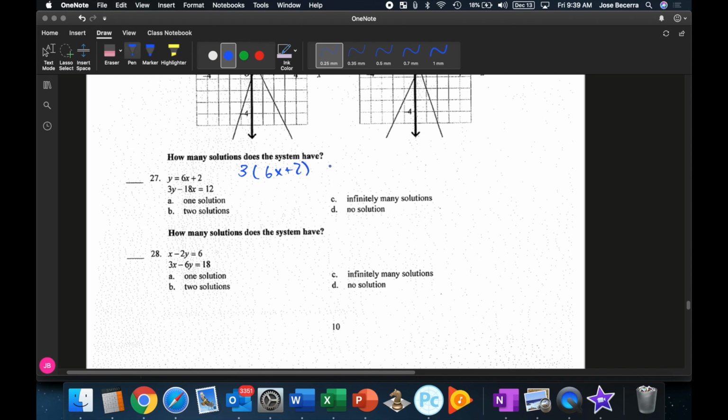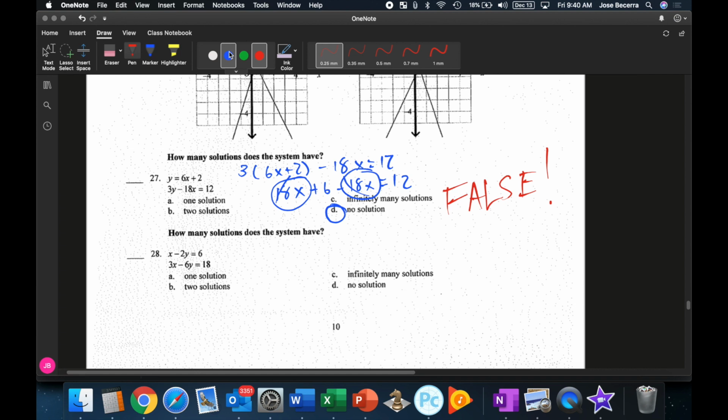We'll do it very quickly just in case somebody forgets. We get 18x plus 6 minus 18x is equal to 12. This cancels out, and 6 does not equal 12, so the answer is no solutions because this is false.